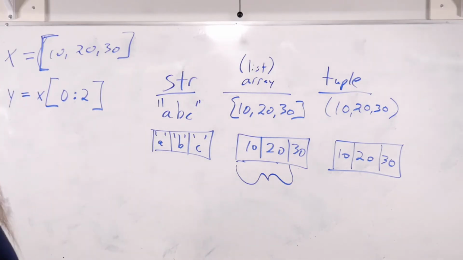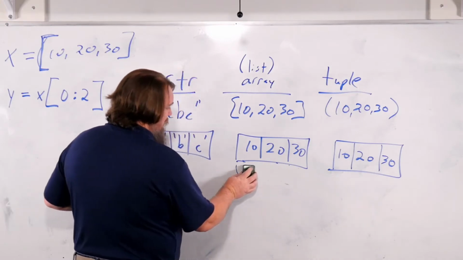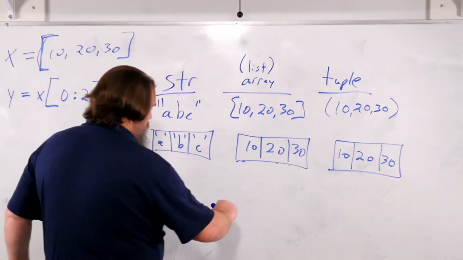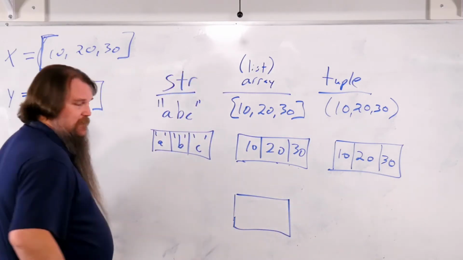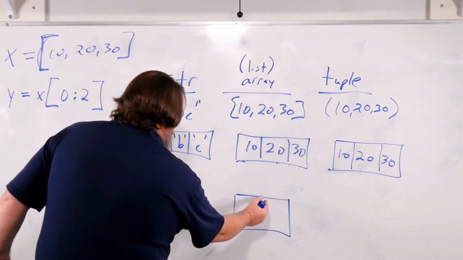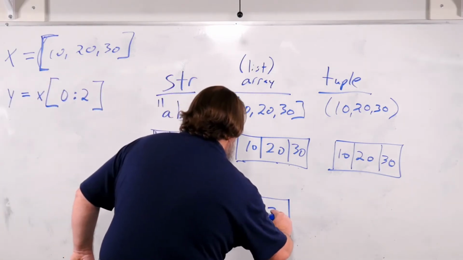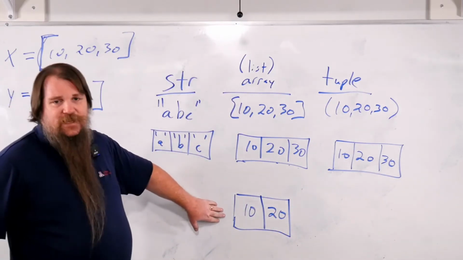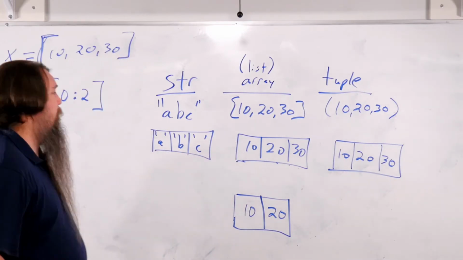Now what's going to happen here? Well, Python will automatically create a brand new array, new memory that didn't exist before. This will have only 2 elements in it. And it will copy the values 10 and 20 in there. Now, this is new storage. It is different than the original array.